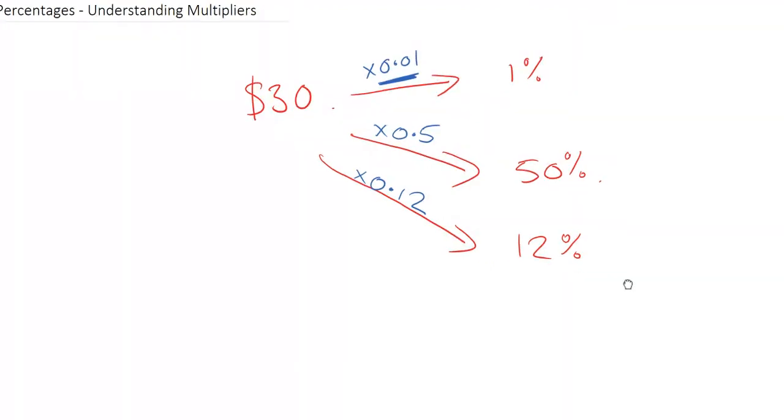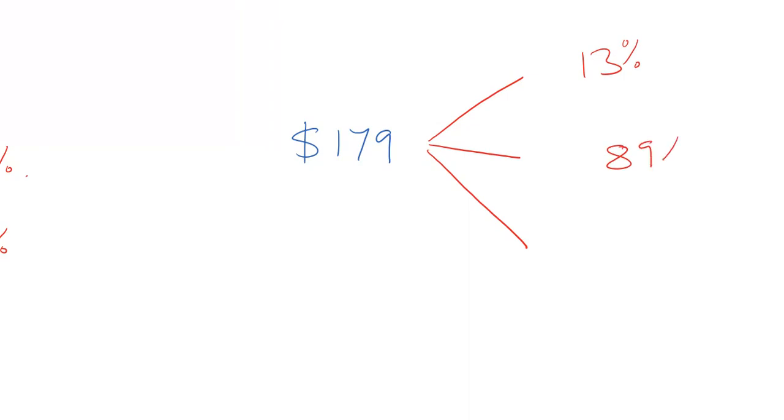Let's move on and have another look at a different example. It doesn't matter what we start with. Let's just make this up. So let's just say we start with $179, and let's try to think about how I could find 13% or 89% or 19%.